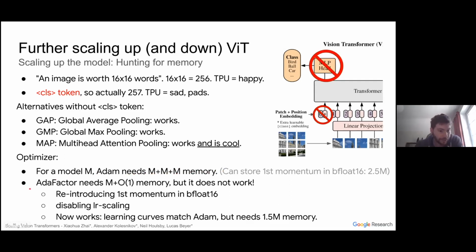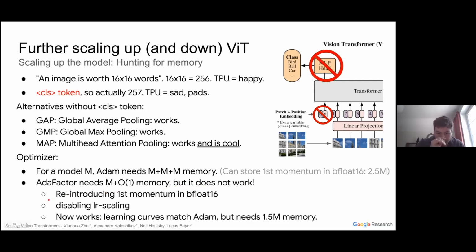But like I said, we can always look at how do language folks scale up transformers. And there was the Adafactor optimizer proposed, which only needs the model parameters in memory, then some very small overhead. However, if we just apply this to vision transformers, it simply doesn't work. So we had a little bit of time digging into it.